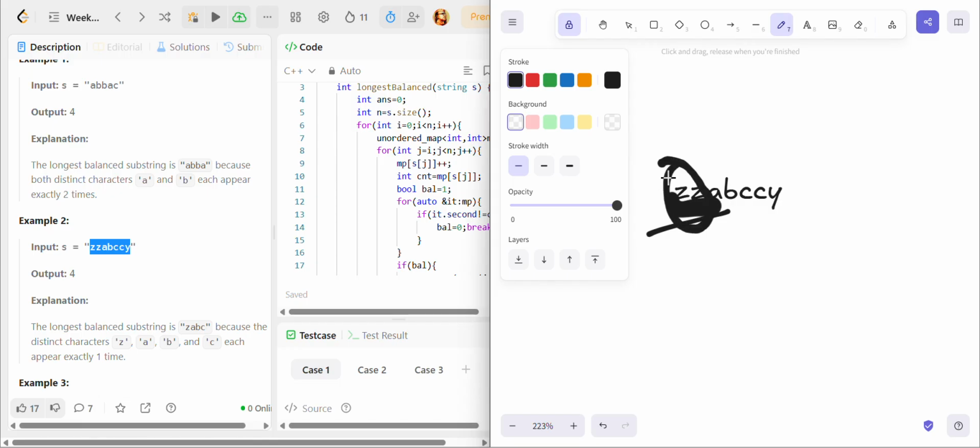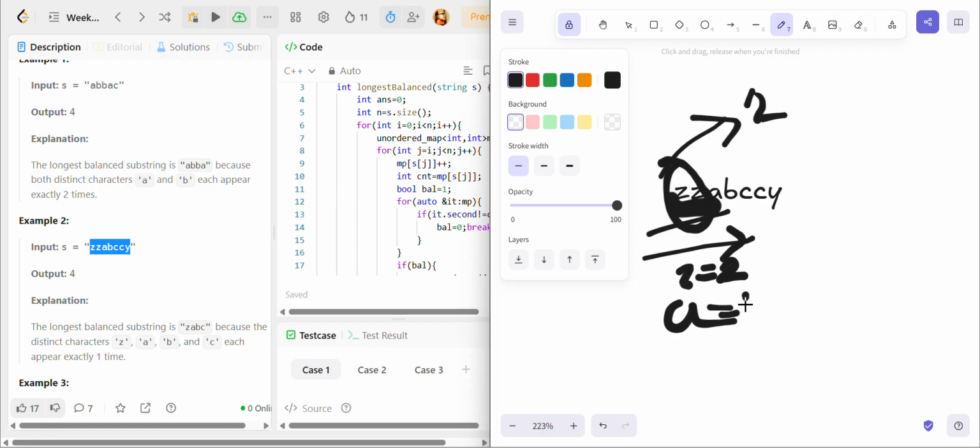Till this we have answer as 2 because the longest substring is 2 with the distinct characters equal, and again here we'll get z equal to 2 times and a equal to 1 time, thus it has become unbalanced.